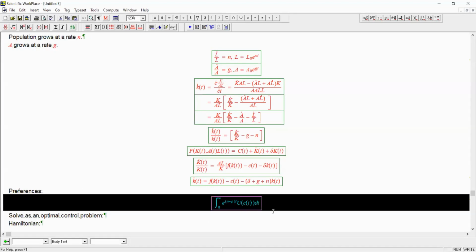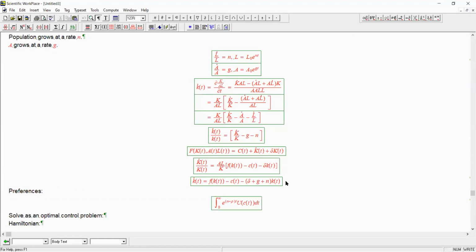That's this, no problem. And then we have to figure out what is the state variable. It's k dot. And finally, we have to figure out what is the transition function. It's this. So we have everything we need.